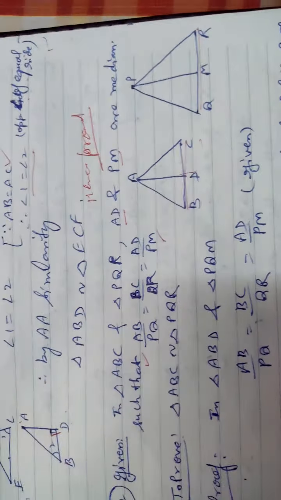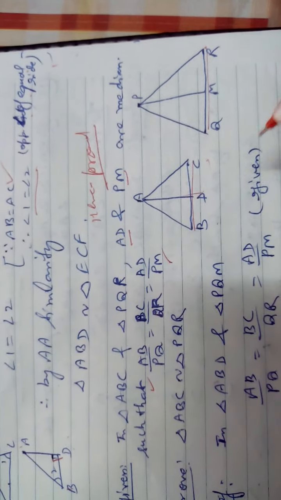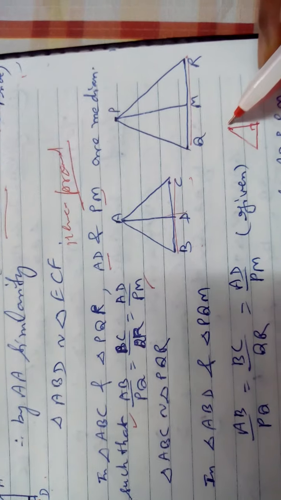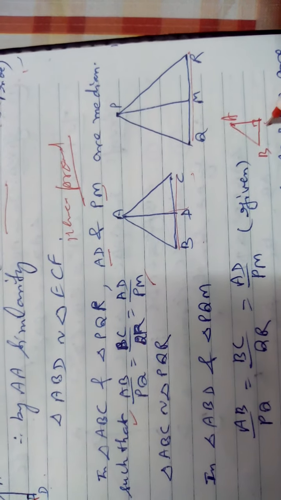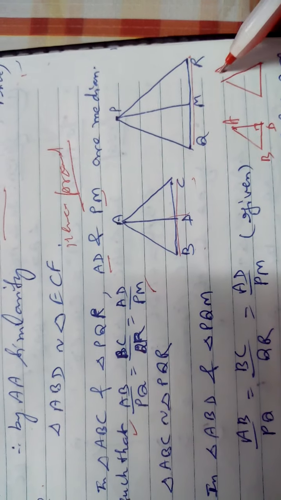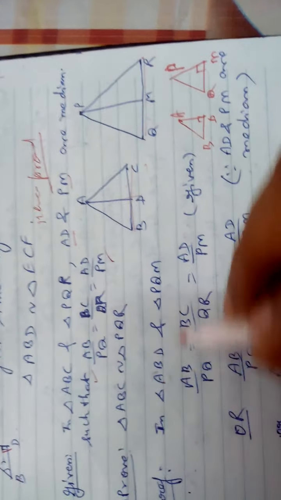For the big triangles you want SSS or SAS or AAA. So first of all, you will see this triangle ABD and this triangle PQM.